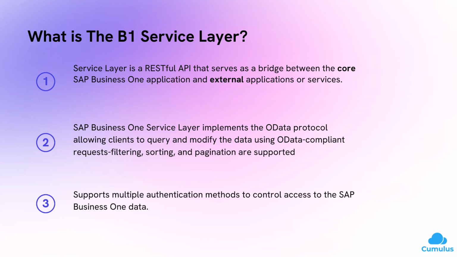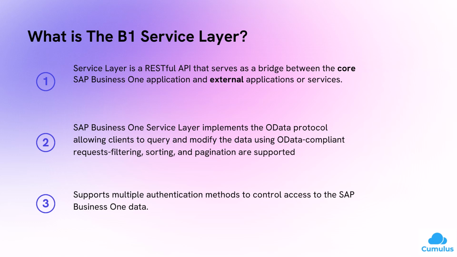So for those of you who never used the B1 service layer, like I said, it's a RESTful API. It's no different than any other RESTful API you've worked with. And it serves as a bridge between the B1 core and the external services and apps that you're developing. The second thing that I also covered is the OData features. It allows for a much more structured way of querying your database.